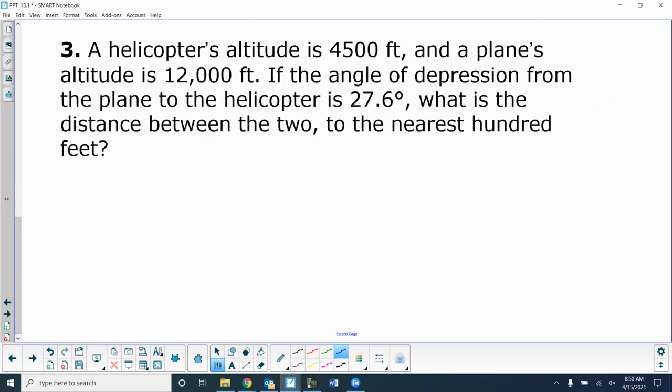All right, so we got a helicopter that's 45. So we got some helicopter. I need a little thing there. These got 2 of these, right?